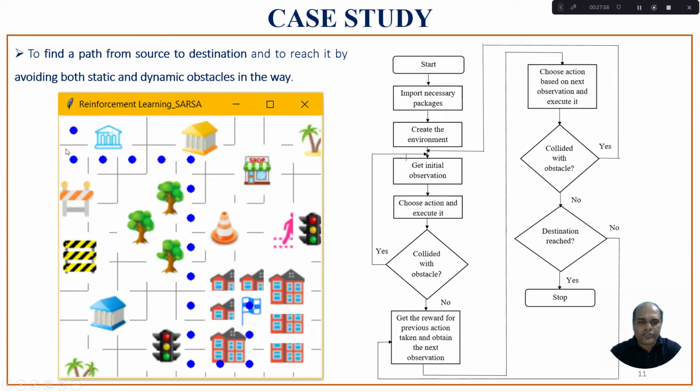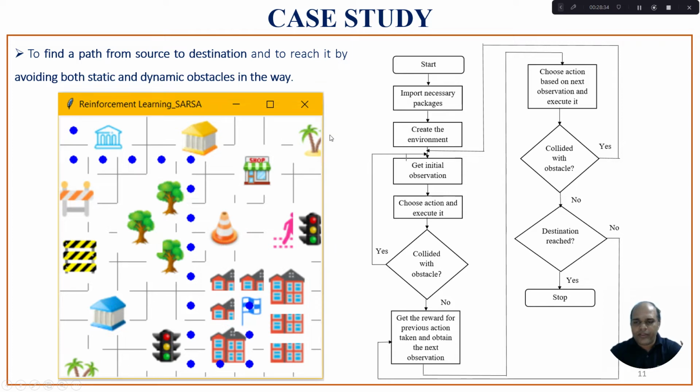Our robot should find the shortest path from its current position to reach the destination. It will do that by exploring the environment. So we are going to create an environment and implement reinforcement learning in it for the agent to find the shortest path to reach the destination.